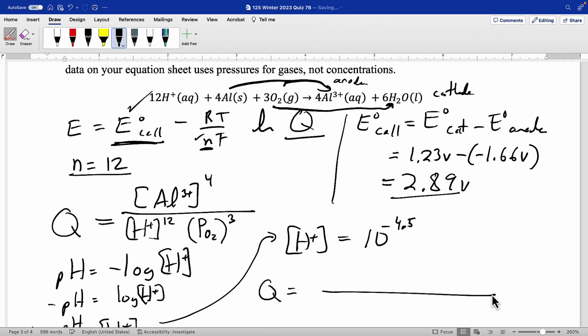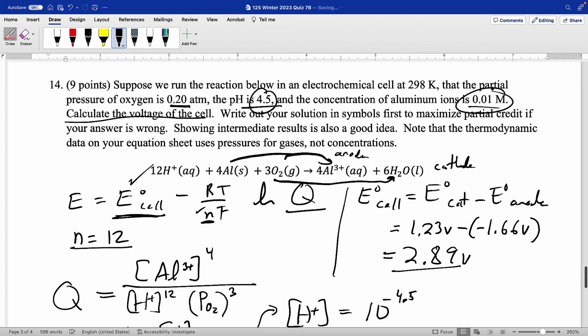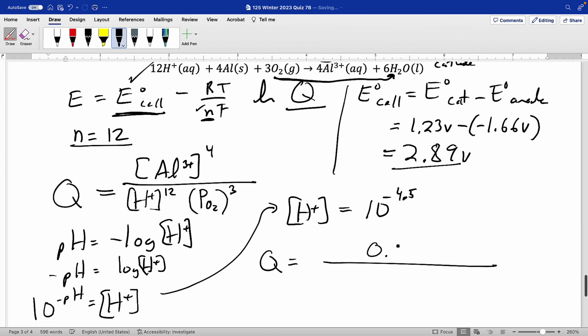So Q, in terms of numbers: the aluminum concentration was 0.01, and the hydrogen concentration was 10 to the negative 4.5, and that is going to be to the 12th. Our partial pressure of oxygen was 0.2 atmospheres, and that is cubed.